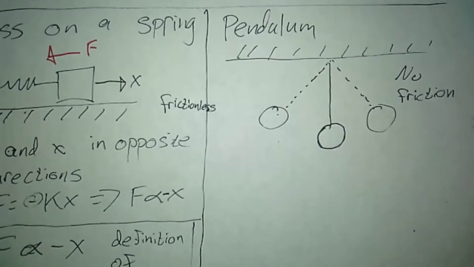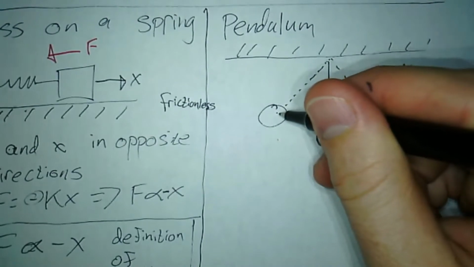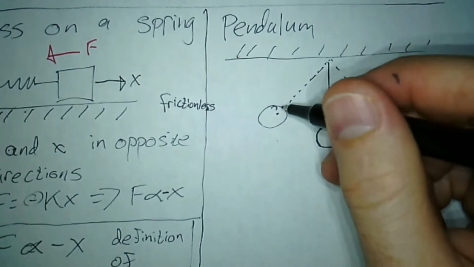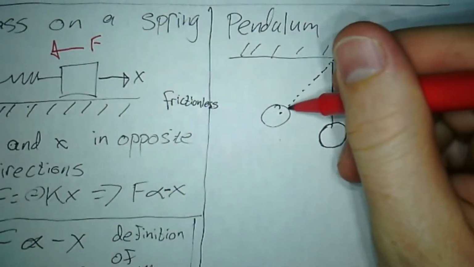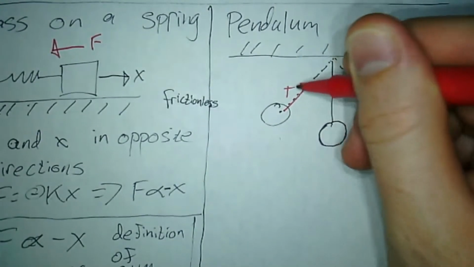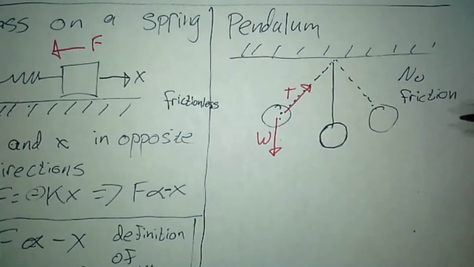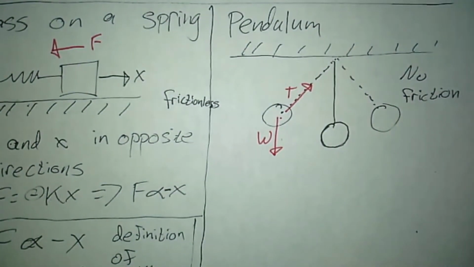So let's consider the forces on this guy. Well, when I've displaced it over here, my forces will be tension and weight, correct? Because gravity and the rope are the only things interacting with it.